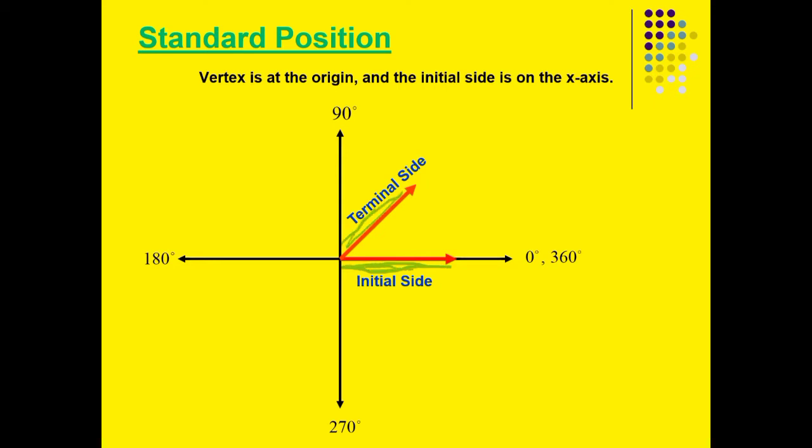This is the angle formed by the two given sides. Since this is the standard form, it is just like a Cartesian plane. The vertex is at the origin, and the initial side starts from the right portion of the x-axis, with the given angle 0 and 360.